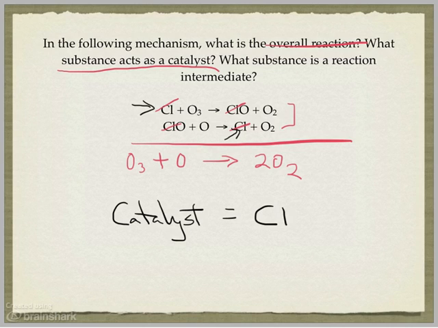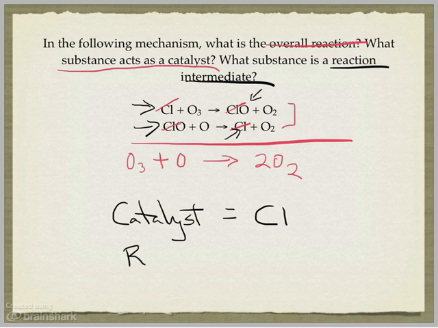Now, the next question to ask is for a reaction intermediate. Those are substances that happen as a product first and then a reactant. Well, if you look at this, you'll notice that you have ClO there and ClO there. It happened as a product first, then it occurred as a reactant in the next step. So that will actually be a reaction intermediate. Your reaction intermediate in this case is ClO.